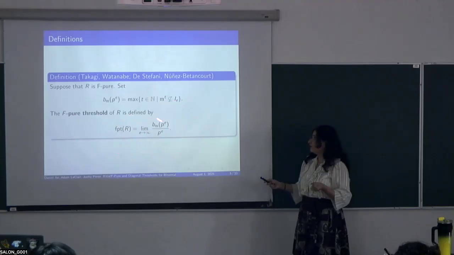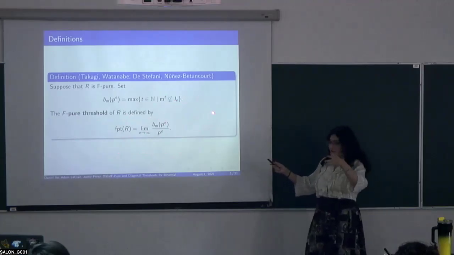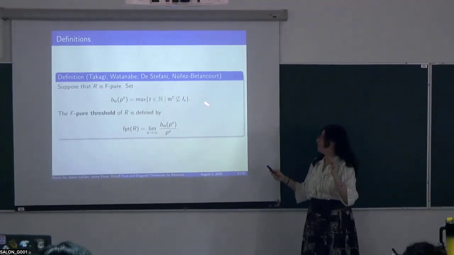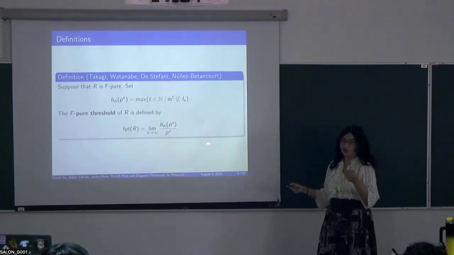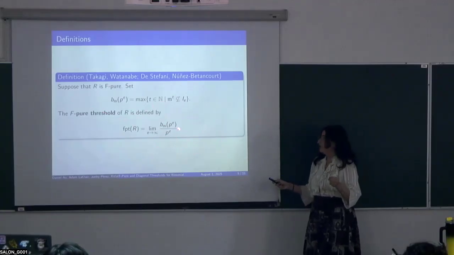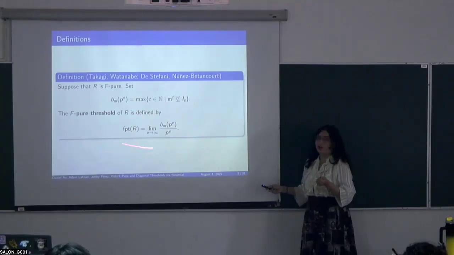The F-pure threshold is, well, this increases in order p^e. So when you divide by p^e, this sequence is bounded and non-decreasing. So the limit exists, and that limit is what we call the F-pure threshold.